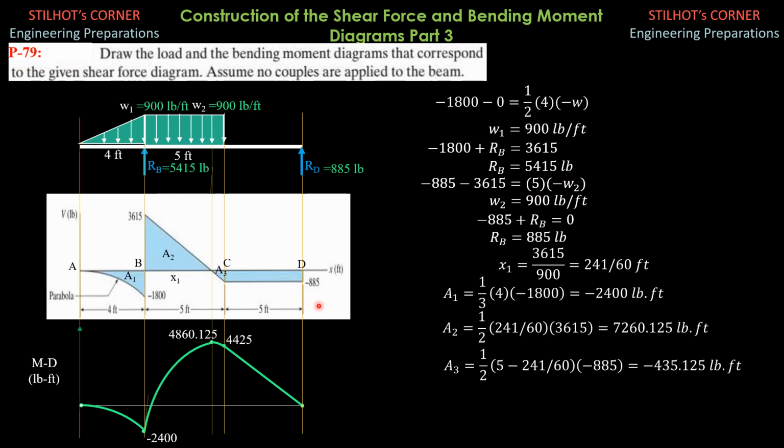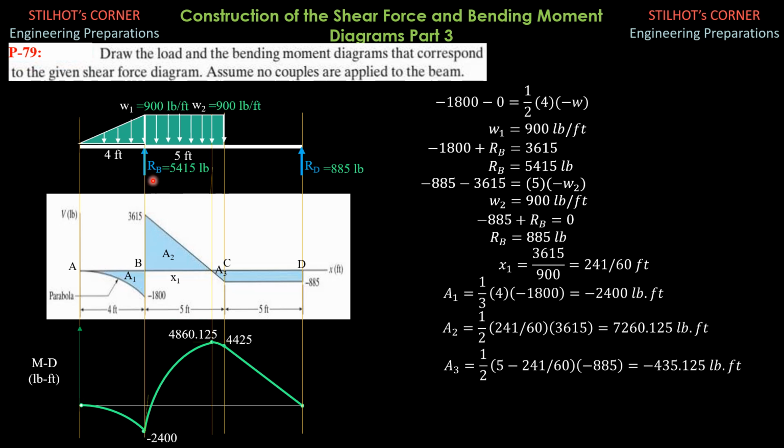Then from B to C, there is a first degree curve, which is a straight line, and it has a negative slope. The ordinate here is negative 885, and here is 3615.